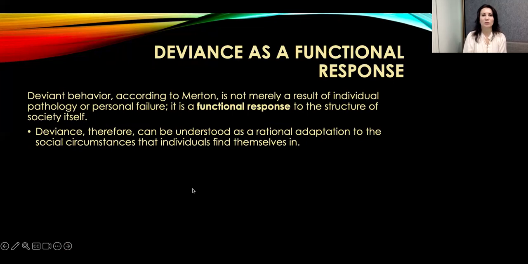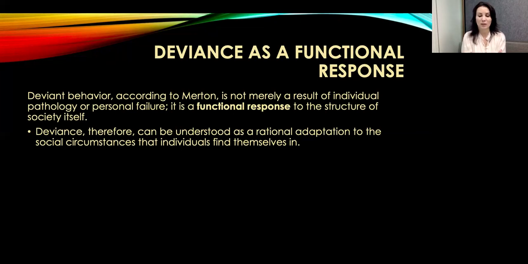So according to Merton, deviance is a functional response to what's going on in society. If norms are too strict and people cannot follow these norms, that also can cause deviance in society, because as we explained in the beginning of the lecture, deviance is based on norms.